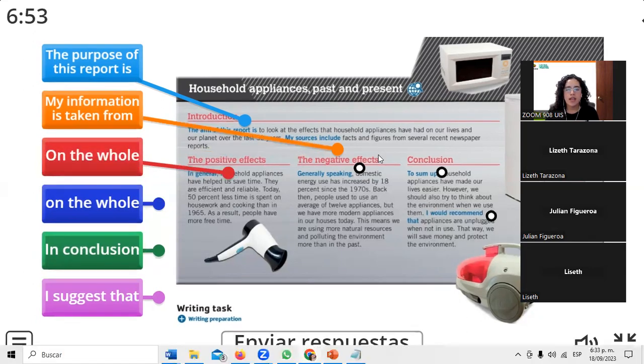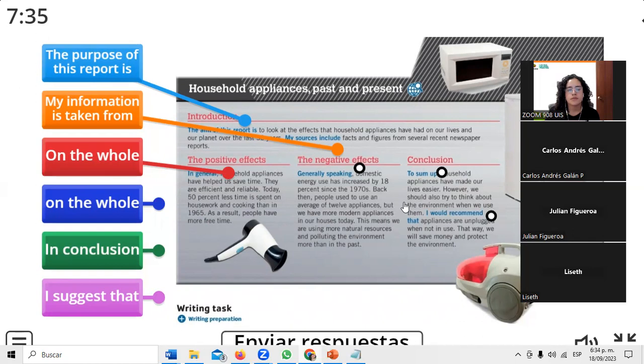All right, thank you. Now the third paragraph, so the negative effects. Maybe Carlos? Yes, teacher. The negative effects. Generally speaking, domestic energy use has increased by 18% since the 1970s. Back then, people used to use an average of 12 appliances.